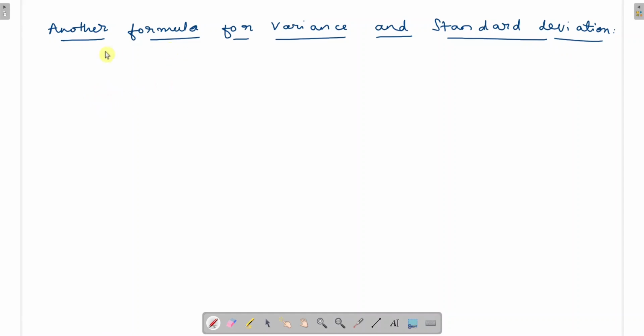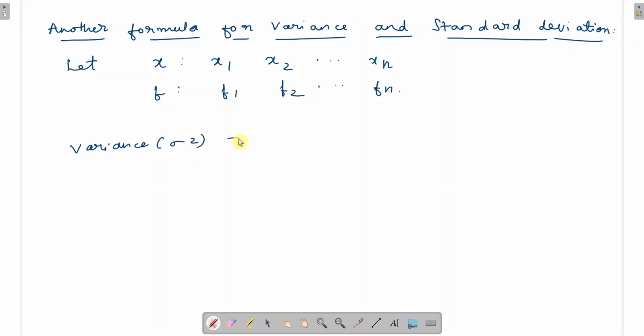So you have to take the data, let x values be x1, x2, xn. Okay, so we have this discrete frequency distribution and f1, f2 up to fn. Okay, so the variance can also be given by this formula, which I am going to write now.